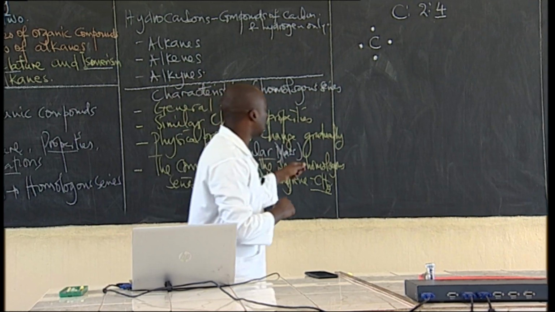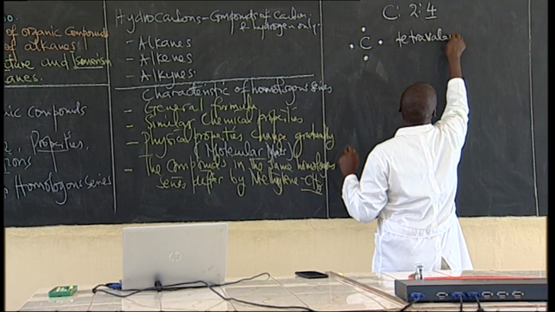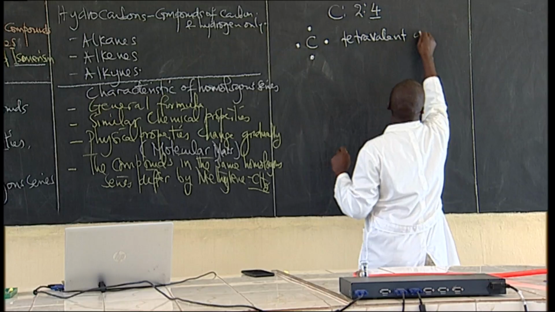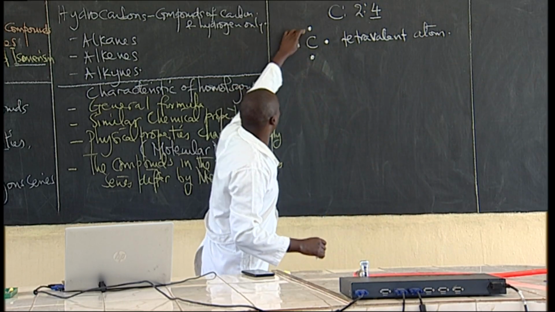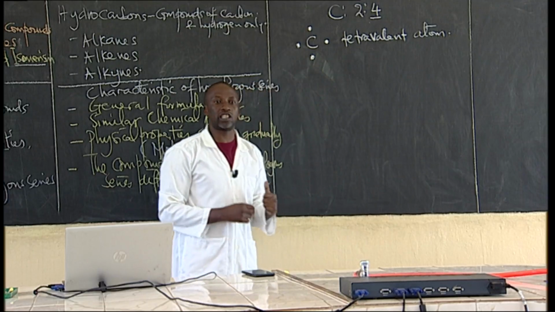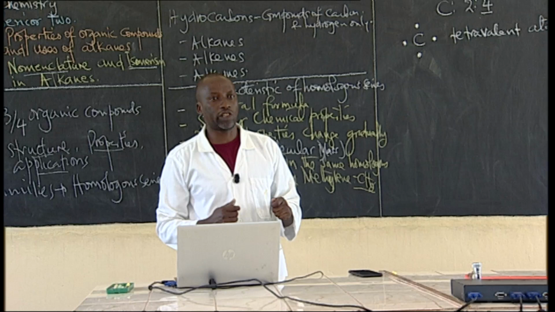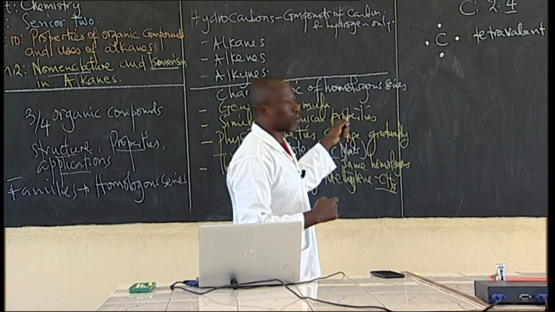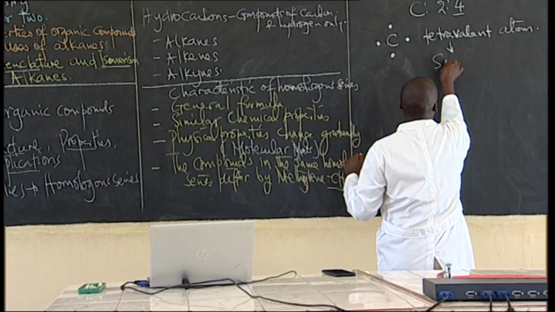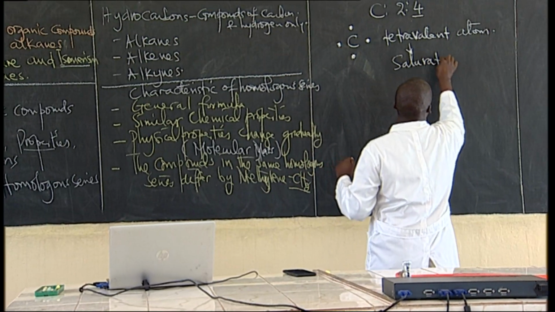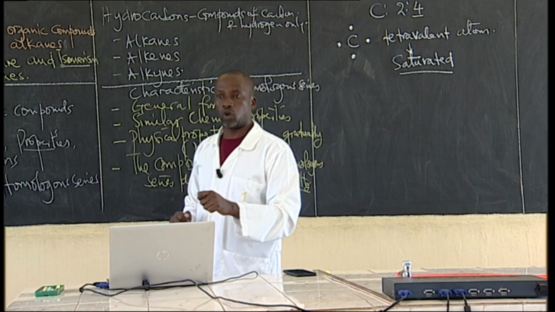For that matter, carbon is said to be a tetravalent atom, because it has the ability to use all 4 electrons in the outermost shell. For that reason, the carbon in alkanes is said to be saturated. So alkanes are saturated compounds.